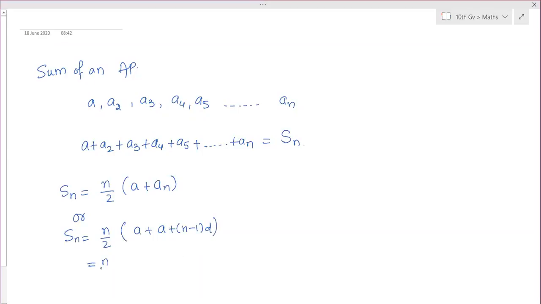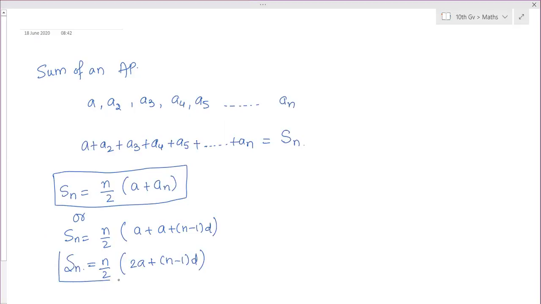So this will become n by 2 into 2a plus n minus 1 into d. Okay, so this is the formula of the sum of an AP. Either you can use this formula or you can use this formula.